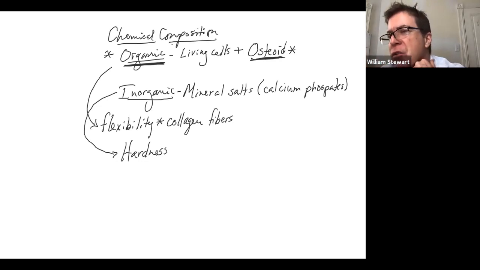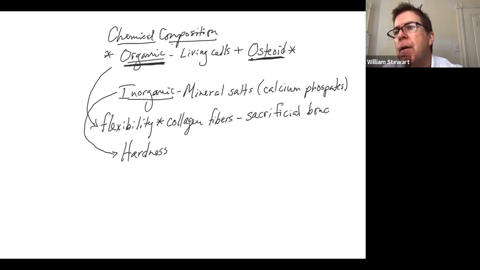And when a bone is stressed, for example, if you get banged really hard or something gets bent, sacrificial bonds inside of osteoid, these collagen bonds, I'm going to write sacrificial bonds, often break at a microscopic level way prior to the bone actually breaking itself.